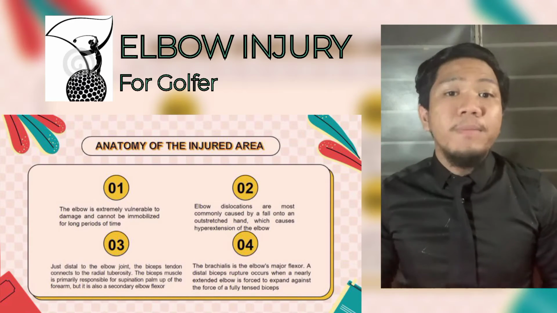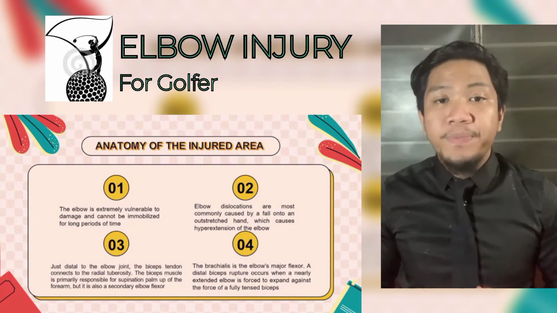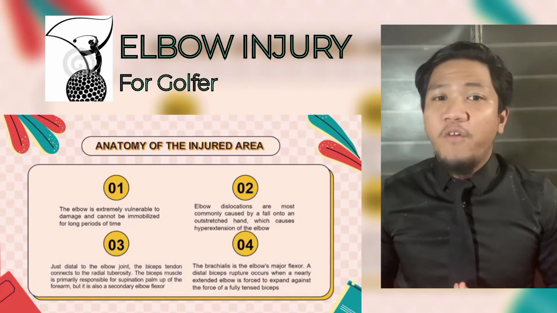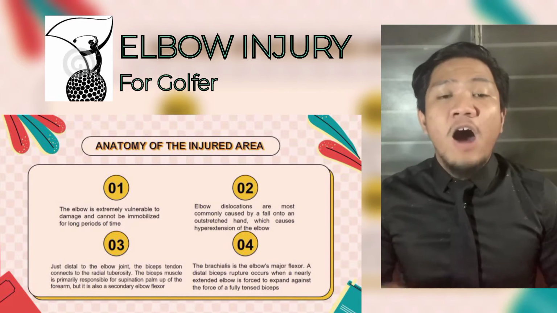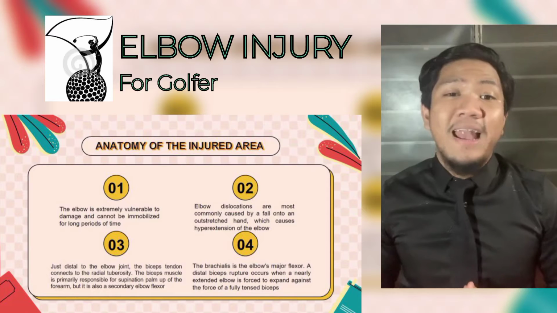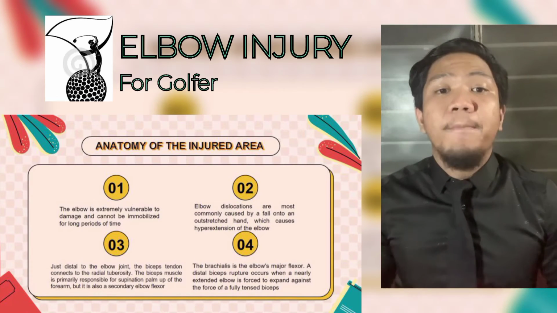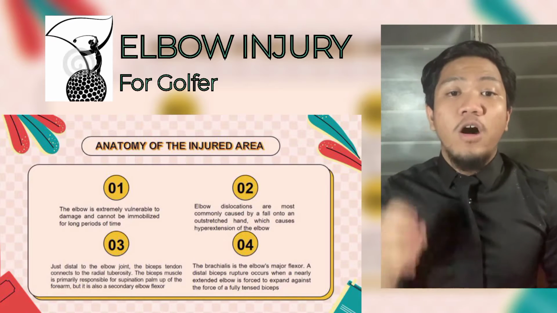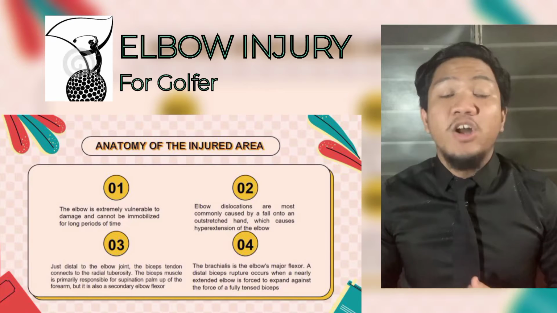With extended immobility, it is common for stiffness and lost motion to occur. The most common effect of traumatic force being applied to the elbow is a fracture. A fall on an outstretched hand or direct landing on the elbow might cause this. Elbow dislocations are most commonly caused by a fall onto an outstretched hand, which causes hyperextension of the elbow.